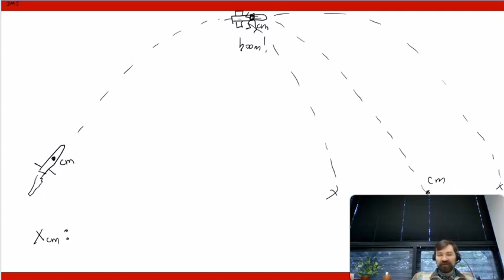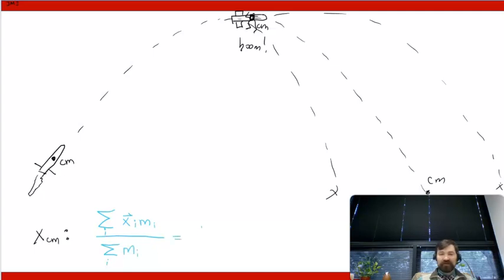So algebraically, that looks like the sum of the individual mass pieces times their respective locations, divided by the sum of the total mass.